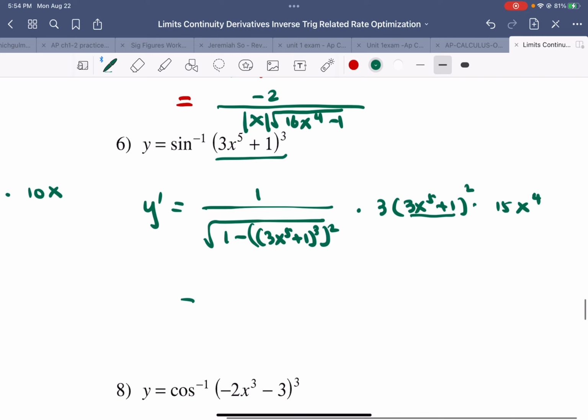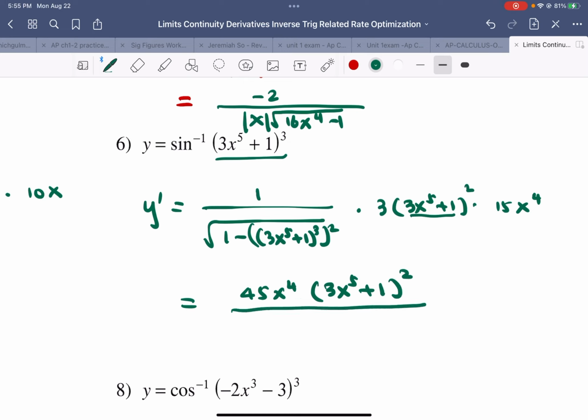Now you need to simplify. So that's 45x to the fourth power times 3x to the fifth plus 1 squared, all over the square root of 1 minus 3x to the fifth plus 1 to the sixth. 3 times 2, you multiply this, which is 6. Okay, so yeah, that's your final answer.